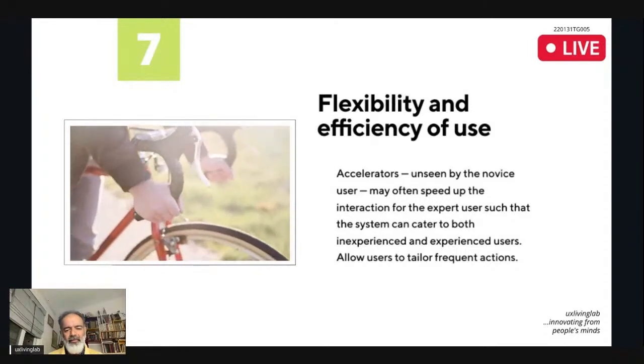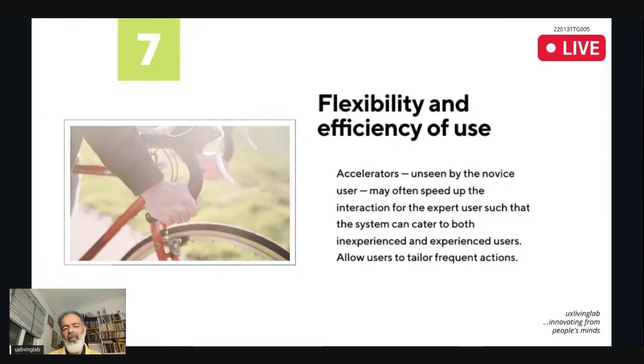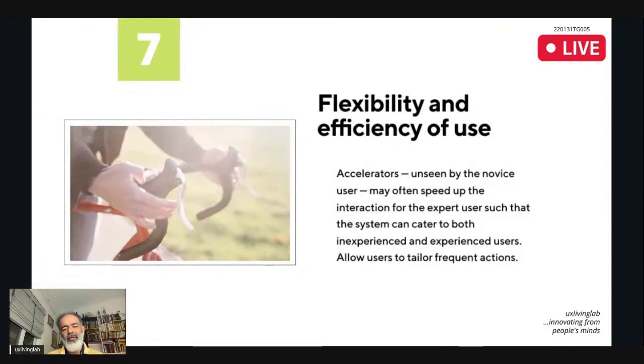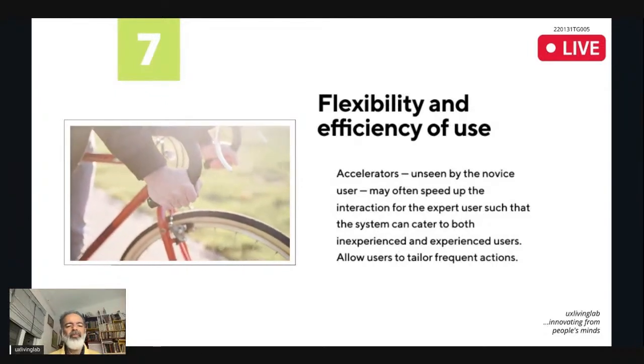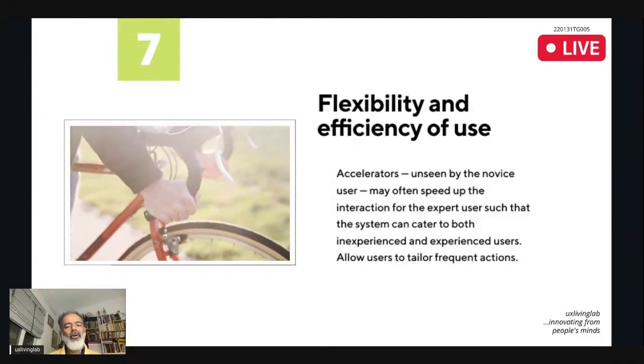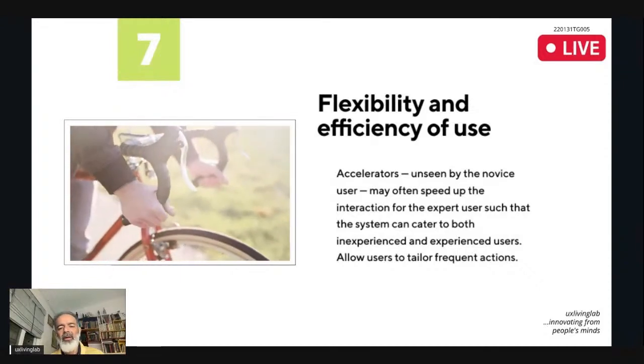So what is it? The designer will give multiple options, keeping in mind that different levels of users can use options according to their own flexibility and their own efficient method.